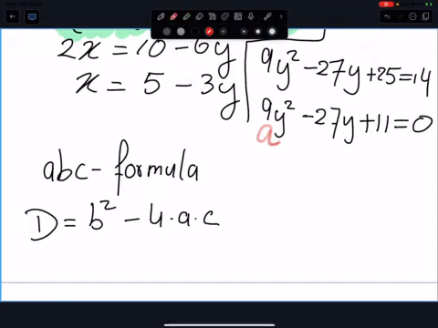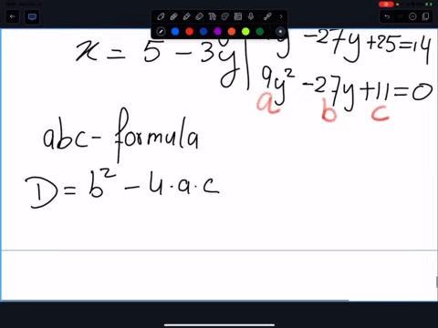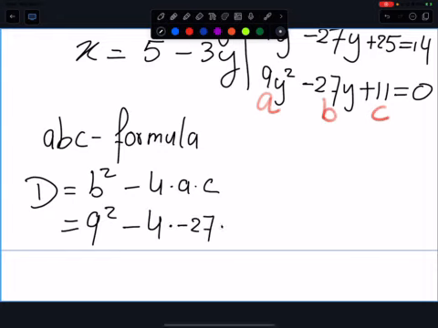This is a, this is b, this is c. Nine squared minus 4 times negative 27 multiplied by 11.